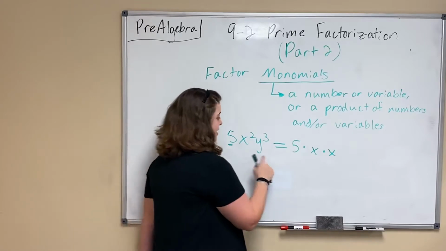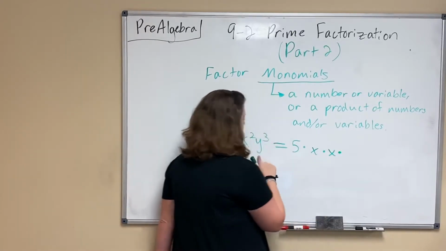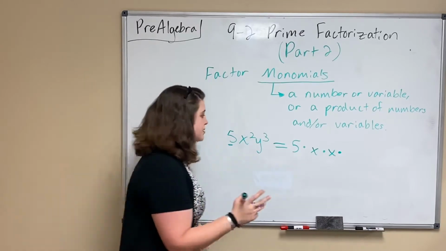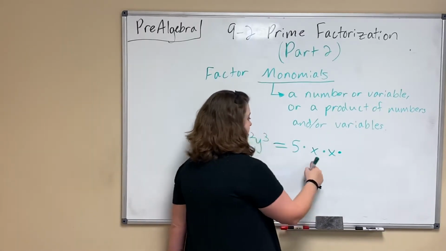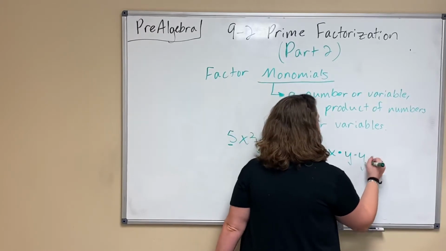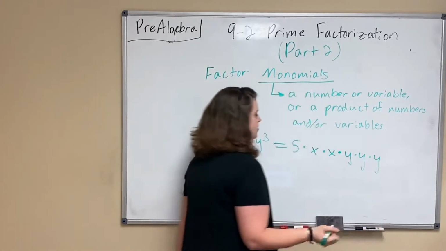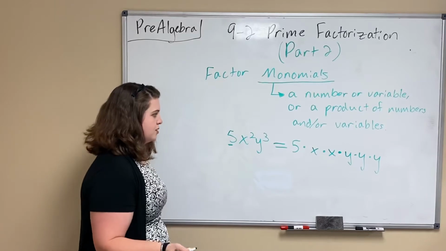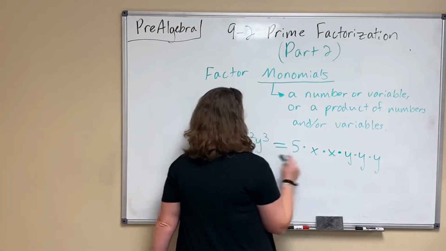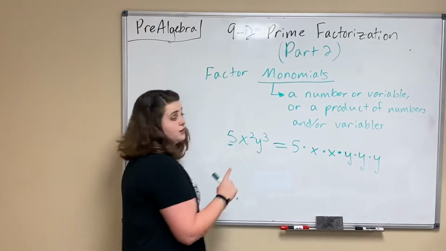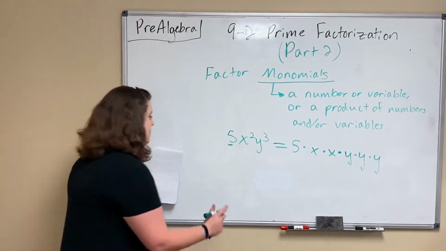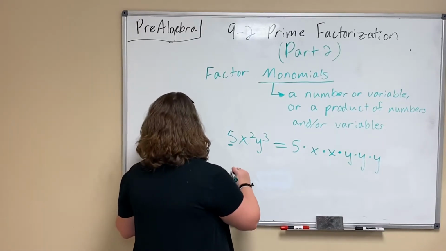Then we have times y raised to the third power, which means y times itself 3 times. So we're going to go 5 times x times x times y times y times y. So we've got 5 times 2 x's times 3 y's, because we have x squared and y to the third. So far so good.